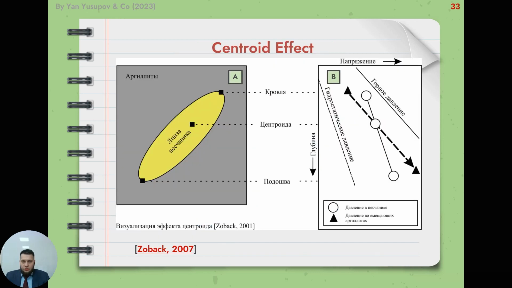The concept of the centroid effect, as I considered before, states that the pore pressure in the vent and the adjacent shale are only equal at one depth, i.e. the centroid depth, approximately at the mid-height of the reservoir.